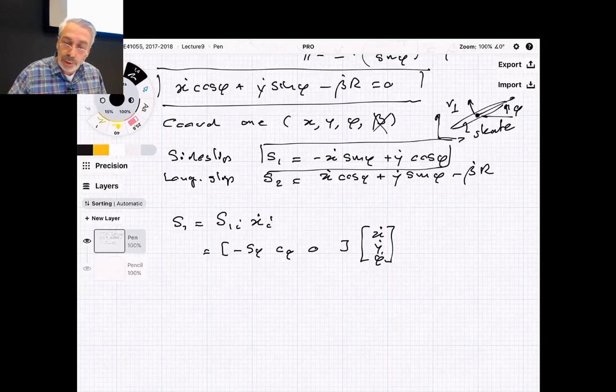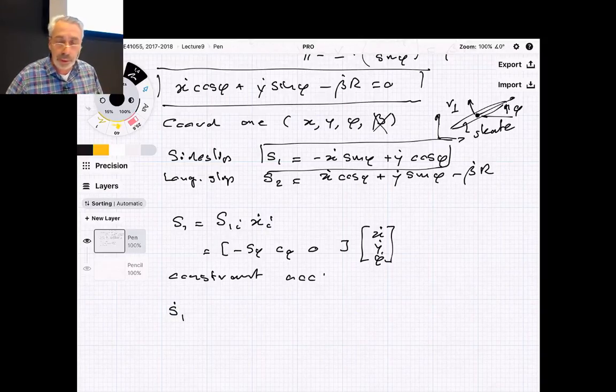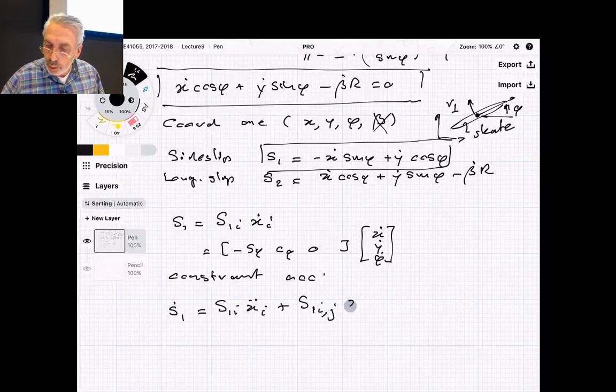So now what is the constraint on the acceleration level? We just differentiate S1, and then we get S1I x double dot I plus S1I comma J x dot I x dot J, in our beautiful notation.